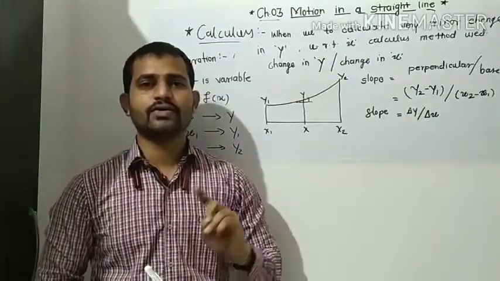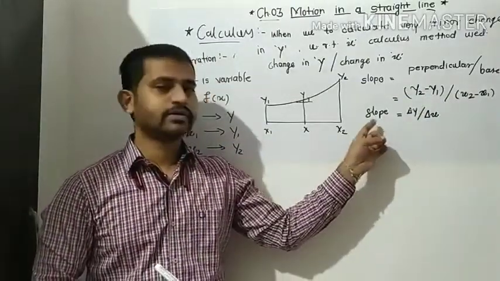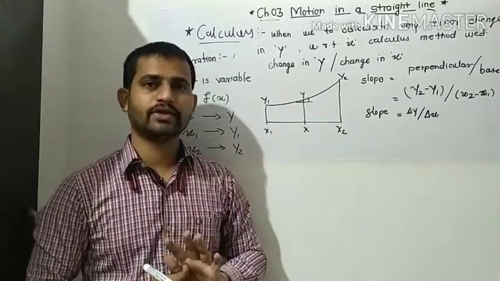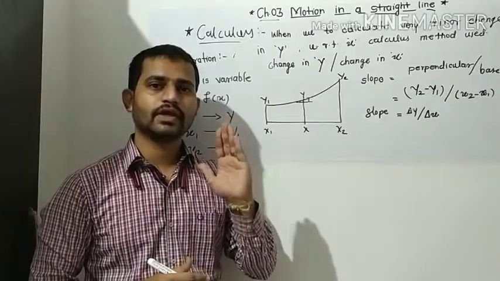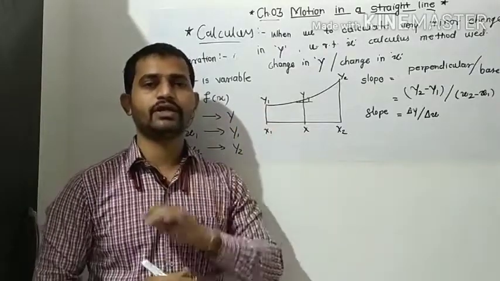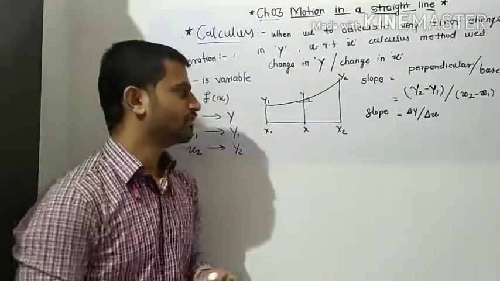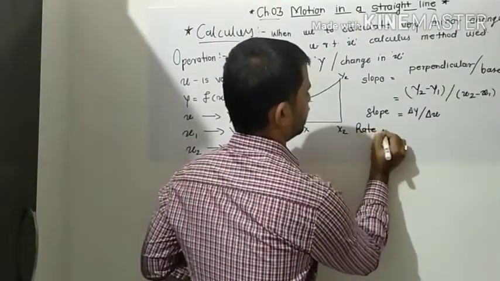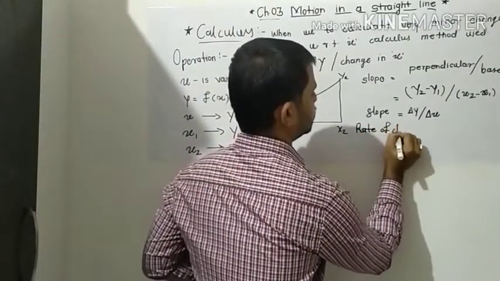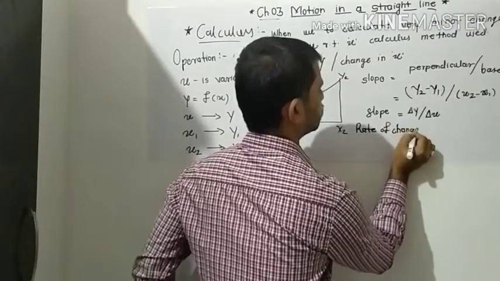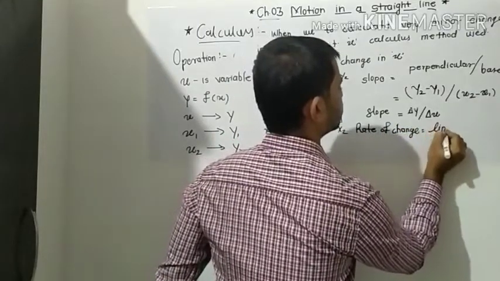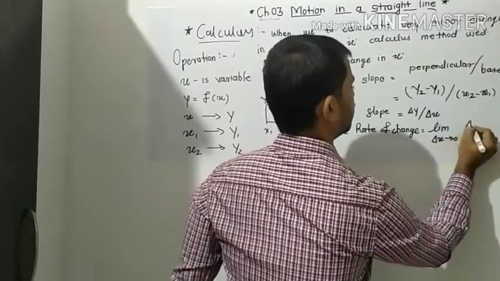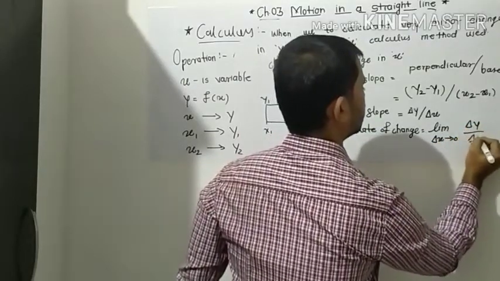To put that, we have to write the equation by taking the limit. We take some limit, then we get the rate of change. The rate of change is equal to limit delta x tends to 0 of delta y upon delta x.